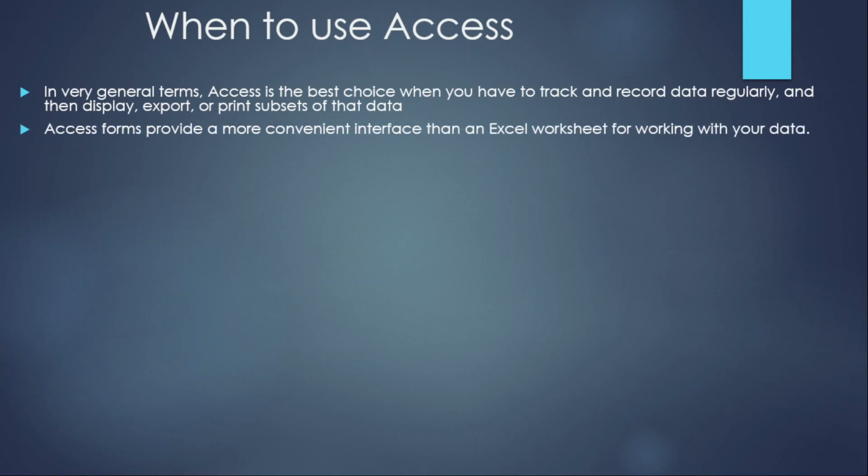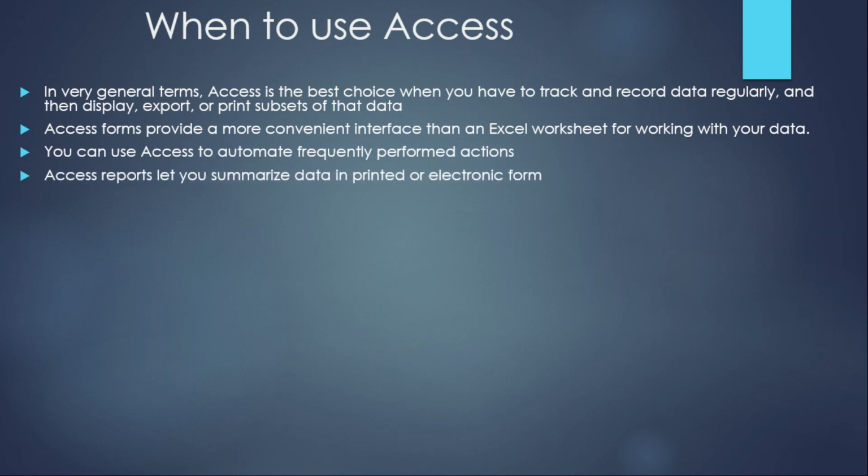Access forms provide a more convenient interface than an Excel worksheet for working with your data. You can use Access to automate frequently performed actions. Access reports let you summarize data in printed or electronic form.